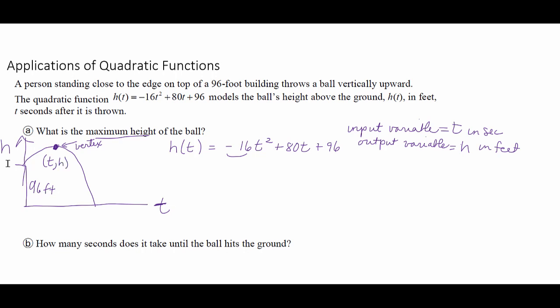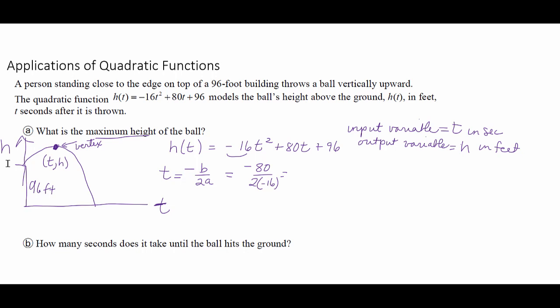So we're going to use the vertex formula, the opposite of b over 2a. But this time, that represents the time. So that's the time it takes the ball to get to the maximum height. So we have to find that first before we can find the actual height, right? Okay, so looking at my function, the opposite of b is negative 80 over 2 times a, 2 times negative 16.